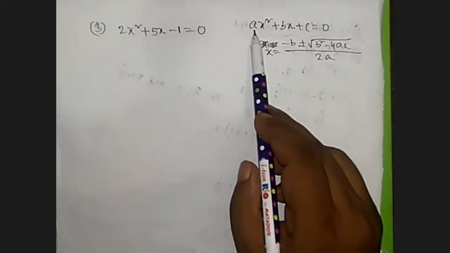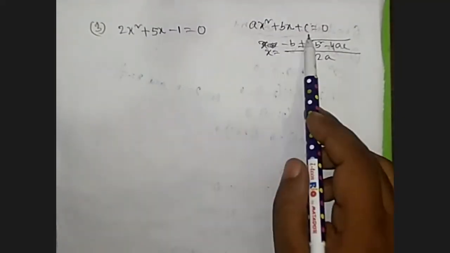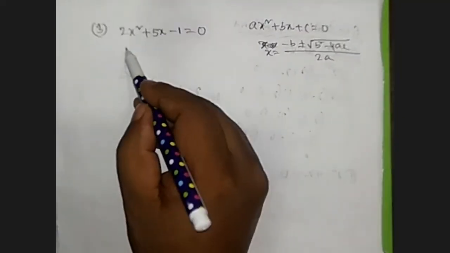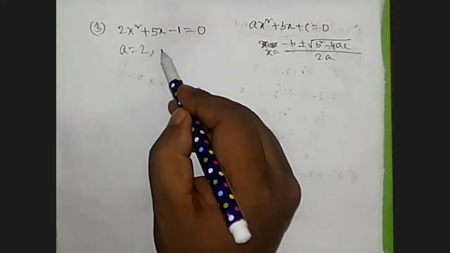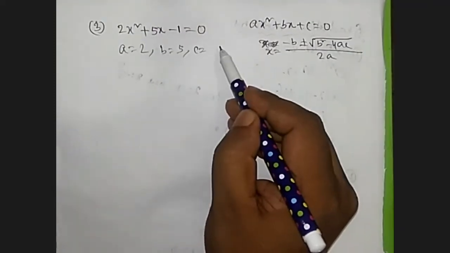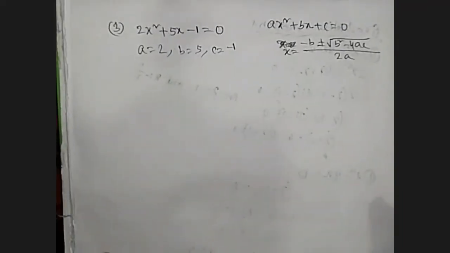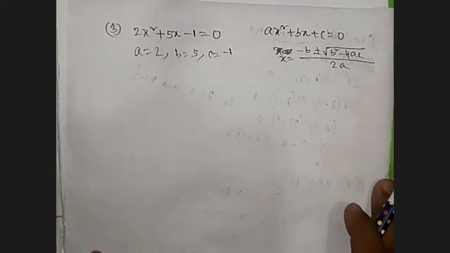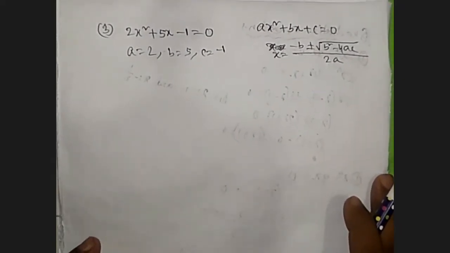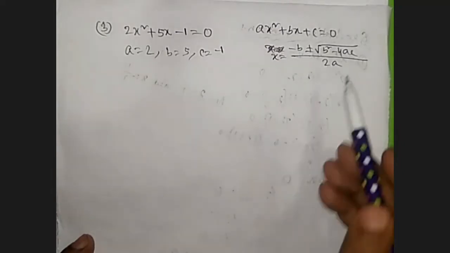Here if you compare, a is 2, b is 5 and c is minus 1. Let us substitute all this in these quadratic equations.